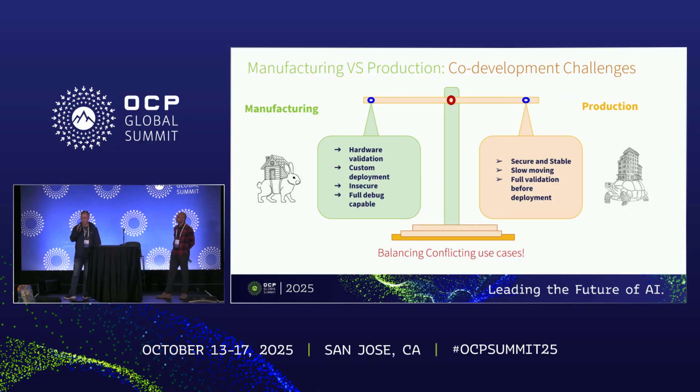Think about one thing: a test that passes in the manufacturing OS doesn't mean it will pass in the production OS. Let's debug that. But there are 2 cases. One is, if the issue happens in the factory, a partner like NVIDIA can provide better support.